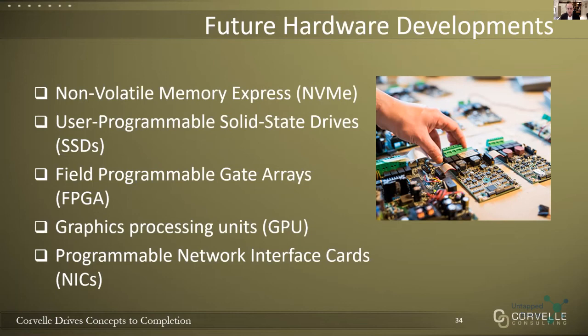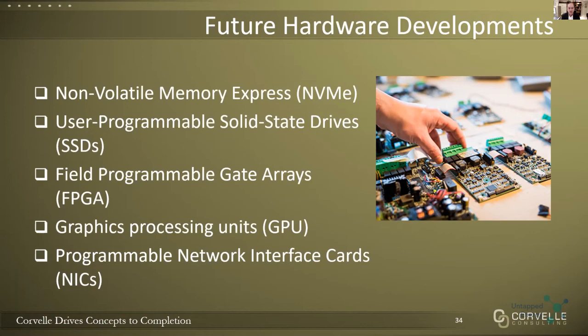FPGAs improve performance by offering massively parallel processing architecture, pipelining parallel computations, and offer a much higher memory to CPU bandwidth. And then we have graph processing units. I think you're probably familiar with those from the world of gaming. We use these chips here for matrix multiplication to really speed up creating training data for machine learning.